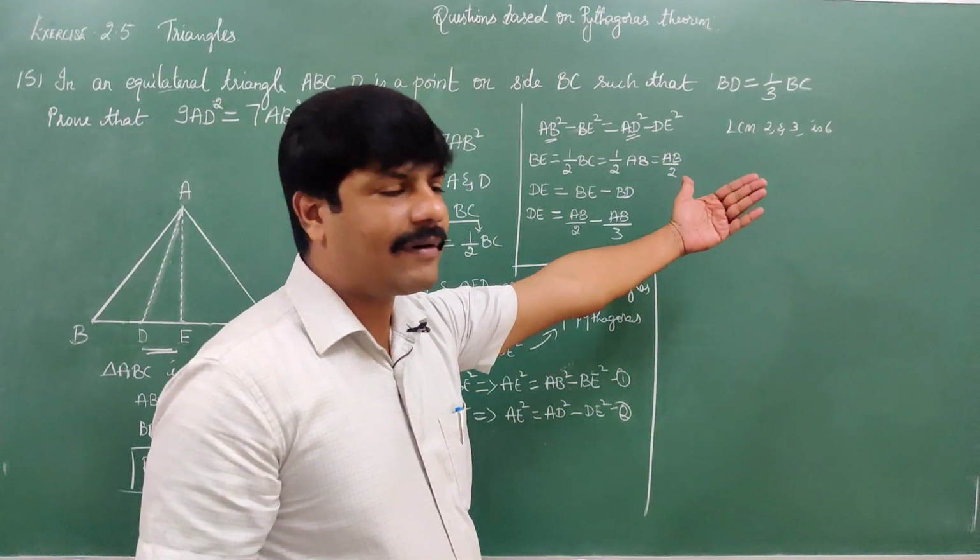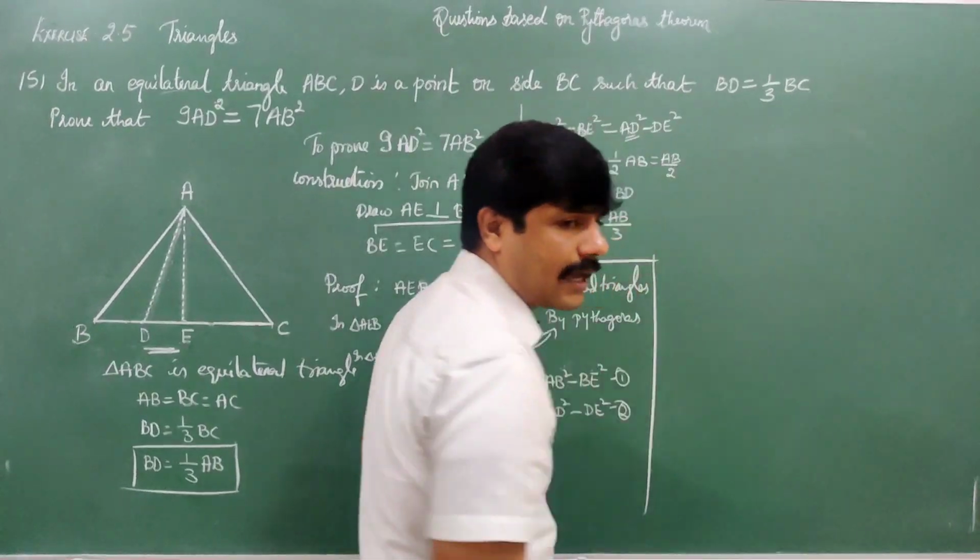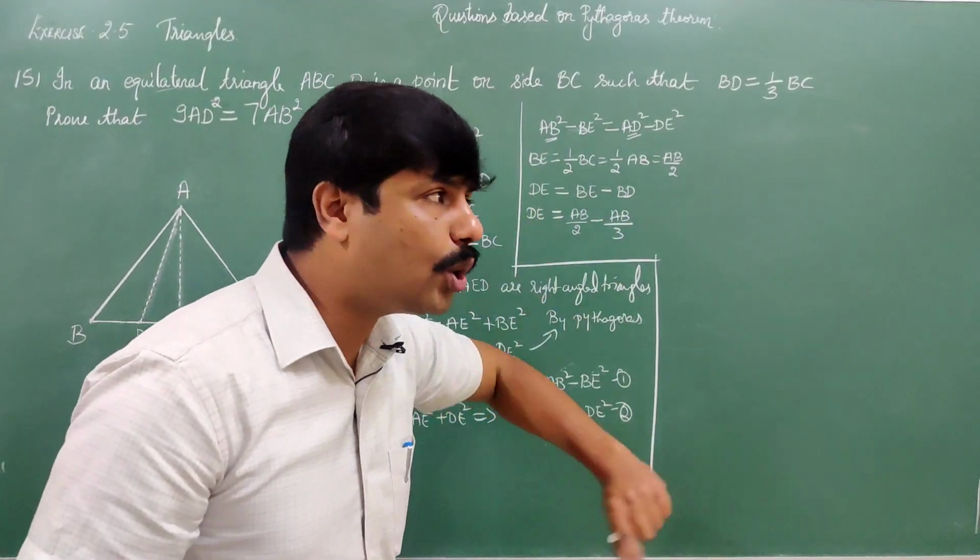Once you get the value 6, what do you need to do? You need to multiply the individual terms with the LCM and divide the whole by the LCM.